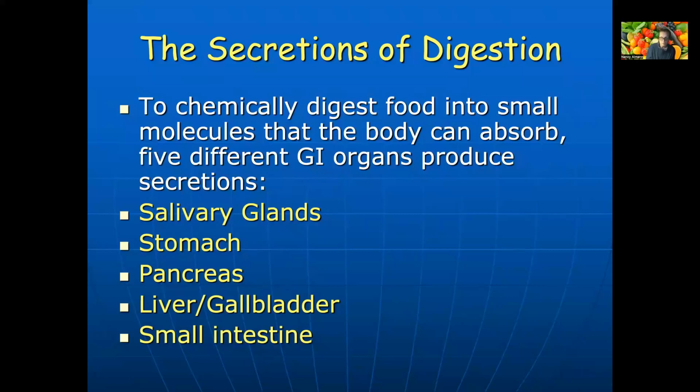The pancreas is going to produce bicarbonate ions, which will neutralize the acidity of the chyme leaving the stomach. The pancreas is also the major driver in terms of production and secretion of digestive enzymes. The liver produces bile, stored in the gallbladder and then released from the gallbladder when you eat a fatty meal. And the small intestine will also produce and secrete various enzymes, but also hormones.